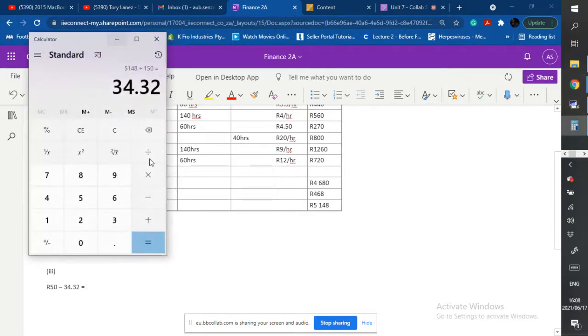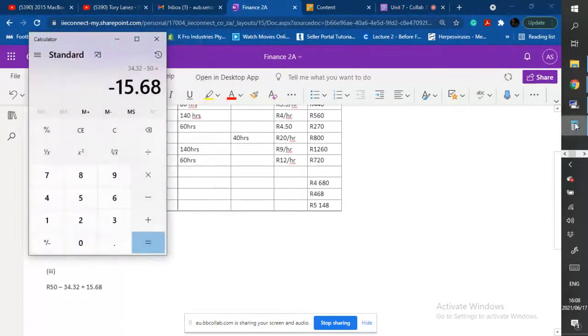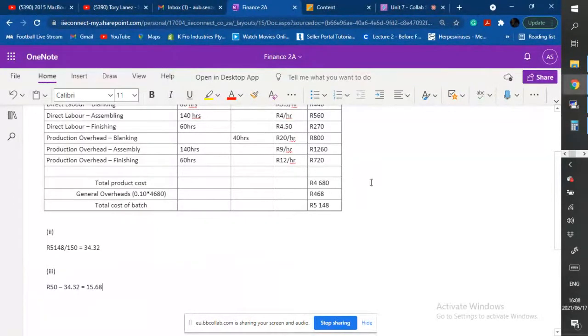Okay, 50 minus 34.32 and you get 15.68. That's your profit per unit. Oopsie, don't know what I pressed over there. So 15.68, I believe it was. Double check. Yeah, 15.68.